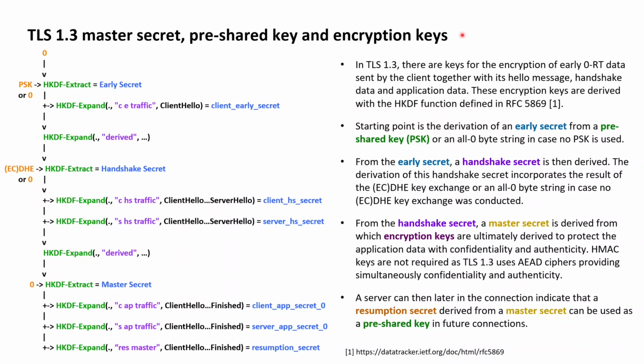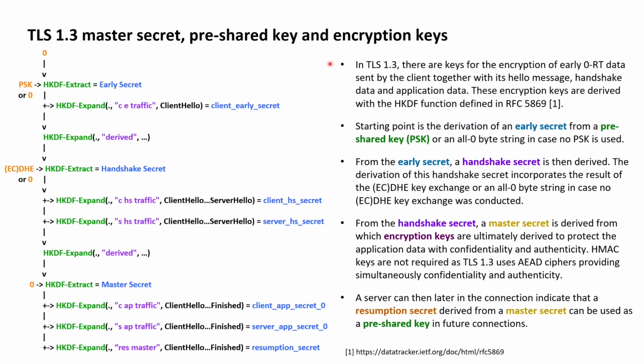TLS 1.3 then doesn't just provide means to encrypt the application data exchanged after the handshake, but TLS 1.3 also provides means to encrypt early zero round-trip client data sent by the client together with its client hello message, and TLS 1.3 also provides means to encrypt handshake messages as early as possible.